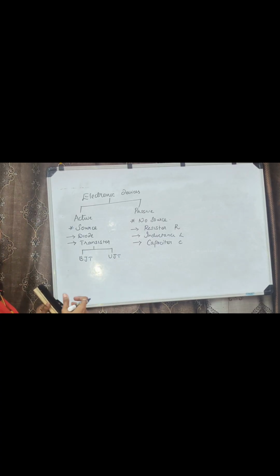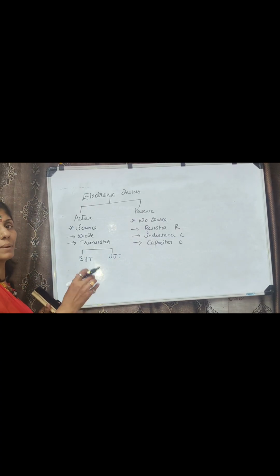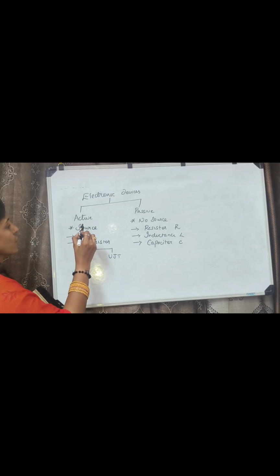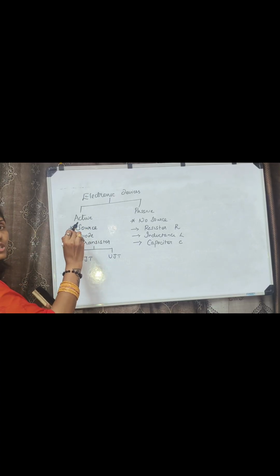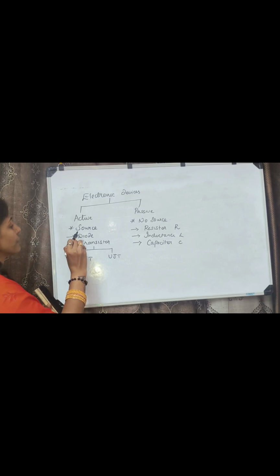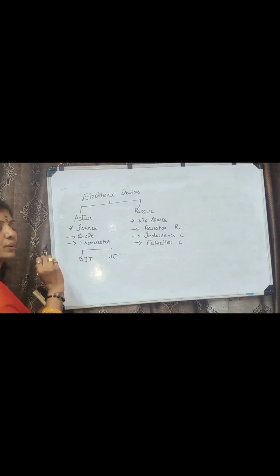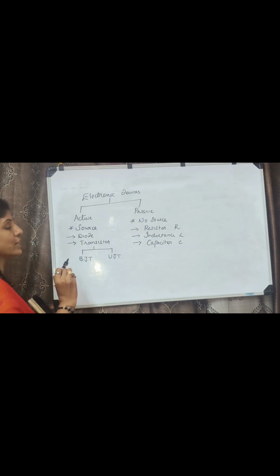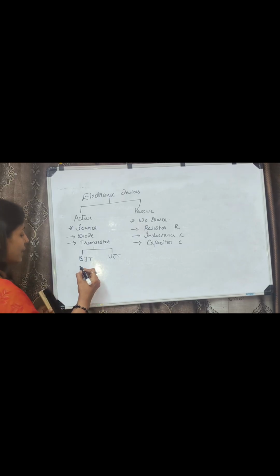We will study all these things in forthcoming sessions, but I am just introducing you. Active devices act as a source and are very active components in the circuit. The examples are the diode and the transistor.